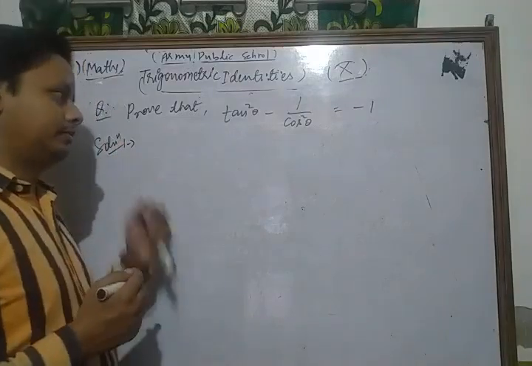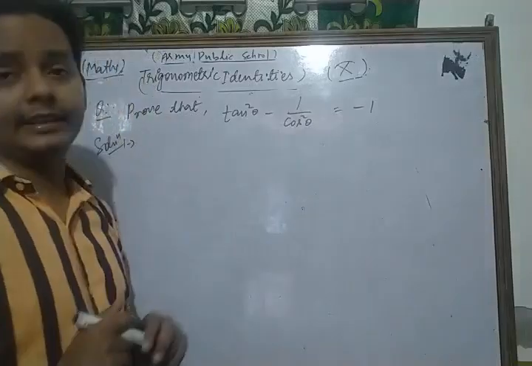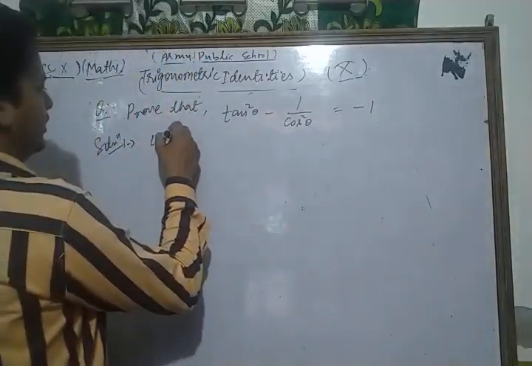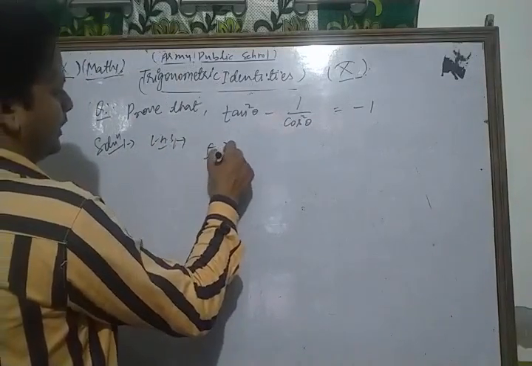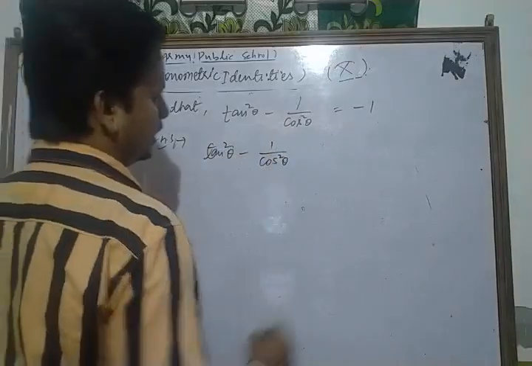Dear friends, first of all, we know the identity. We take the LHS, left hand side, which is tan square theta minus 1 upon cos square theta.